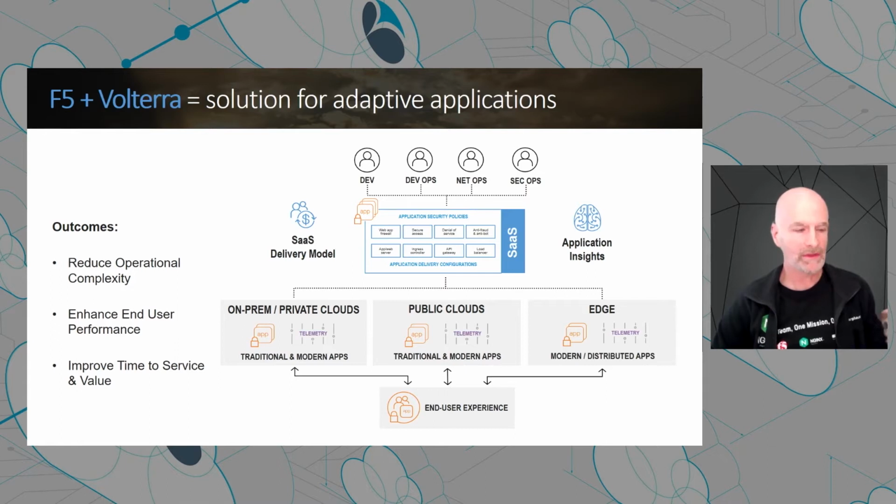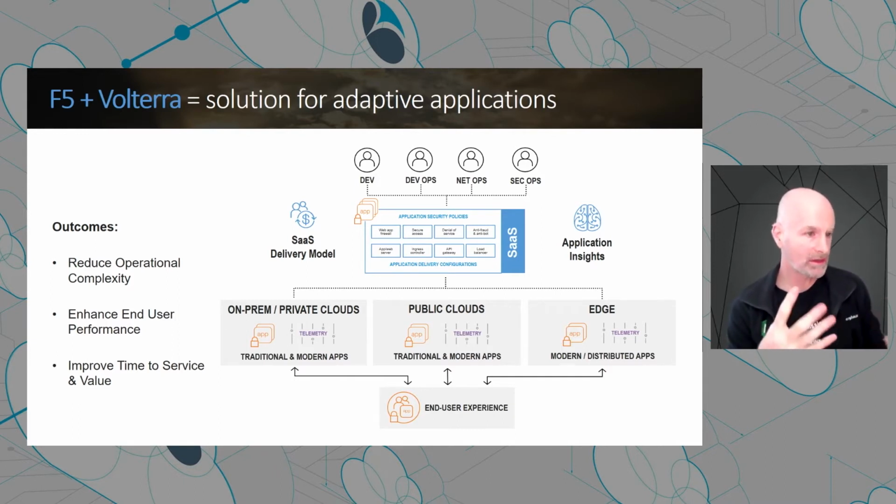So the outcomes that stem from this are that you're reducing operational complexity. You get agility because of that, and consistency across environments. Your security is improved because everyone is working within the same framework.